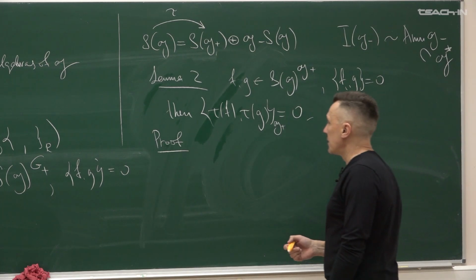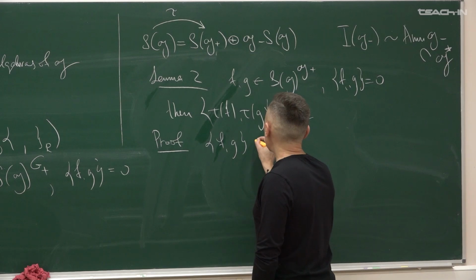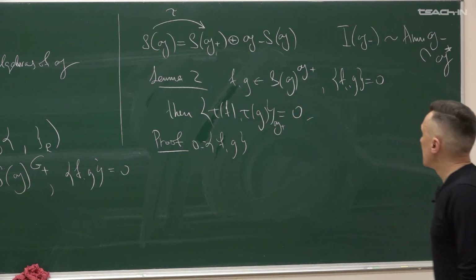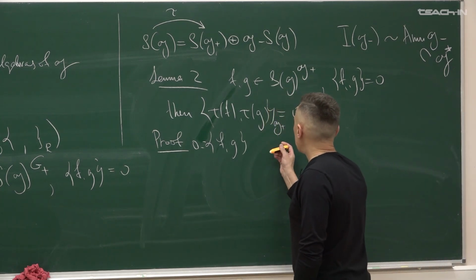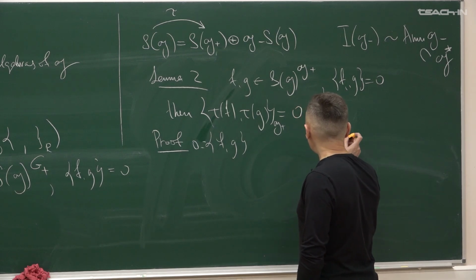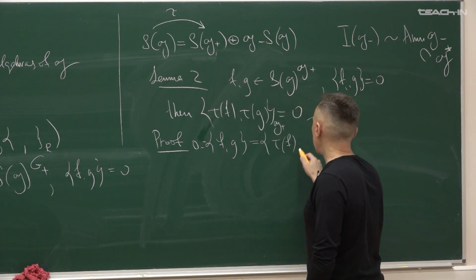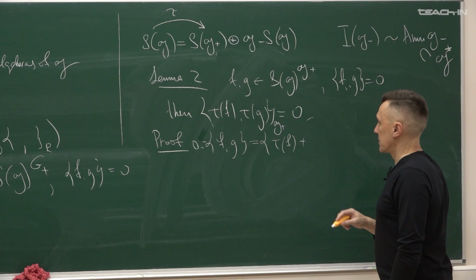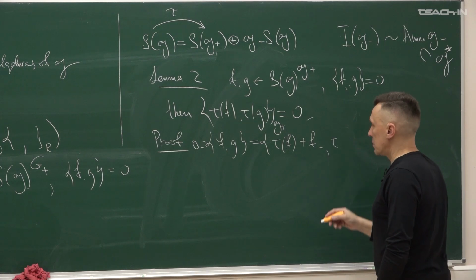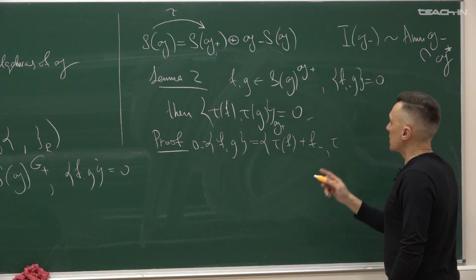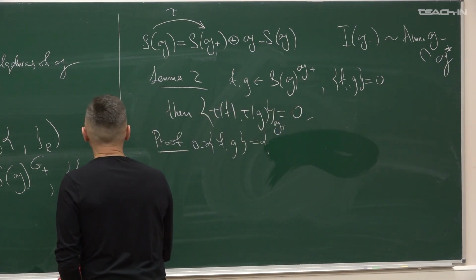Okay, it's principally the same calculation. So we know that the Poisson bracket of f and g is equal to 0, and we decompose it. I'd like to use the same notation.